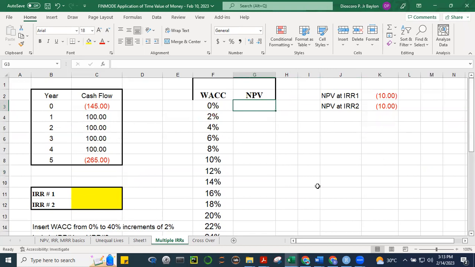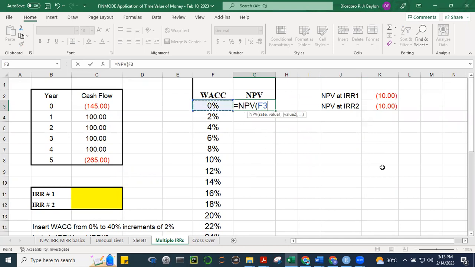So NPV is equal to, all right, so we can easily compute using the NPV function. Our rate is this one, so it's variable.